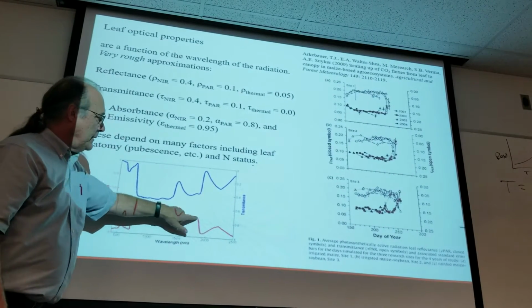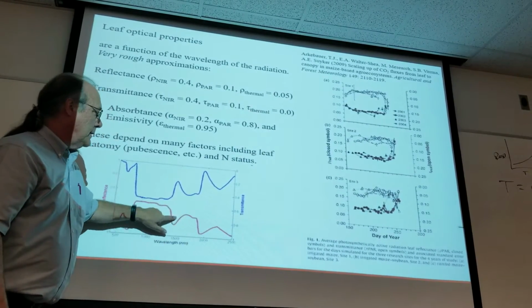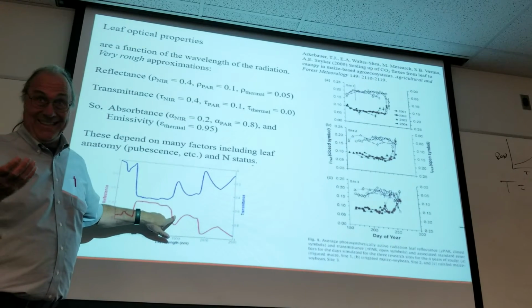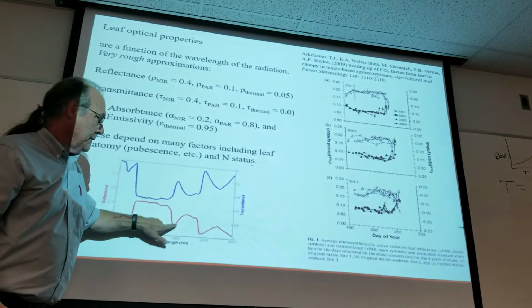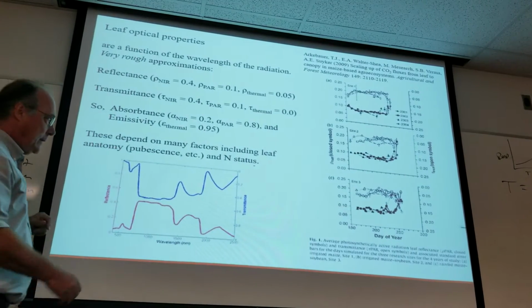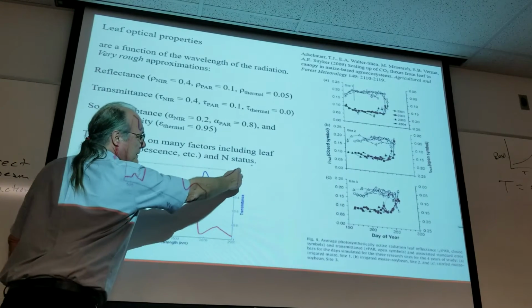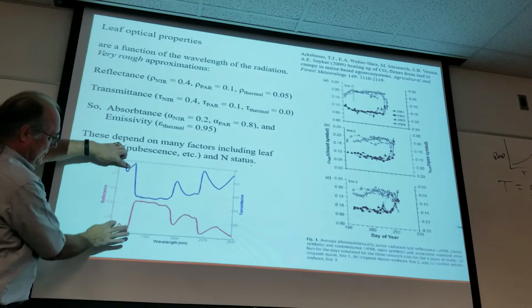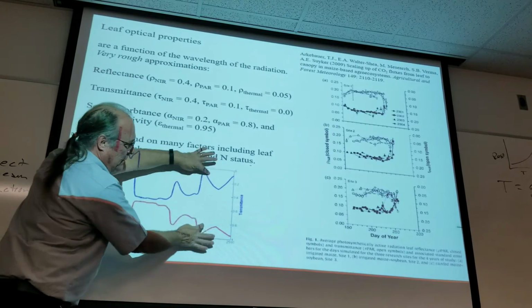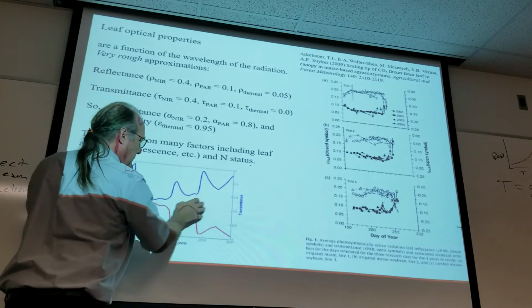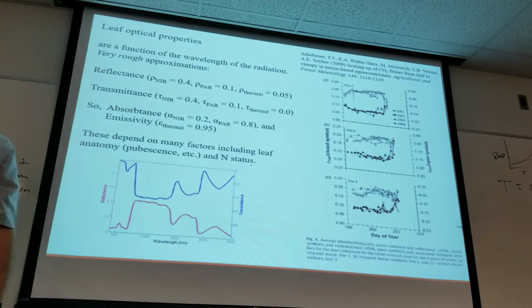This dip here and this dip here are due to absorption by water molecules in the leaf. So those features show up like this. The transmittance on this scale, starting from 0 up here, is given by this. And so the absorption is the difference between these two. And you can see how that goes. But all this energy that's absorbed by the leaf has to do something.